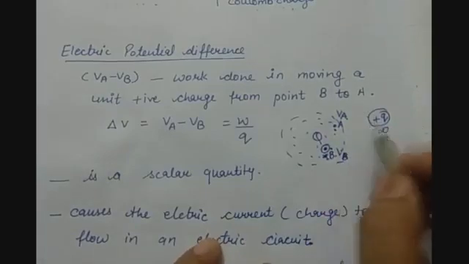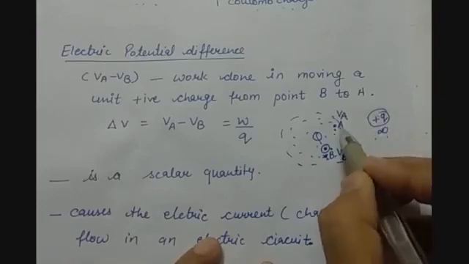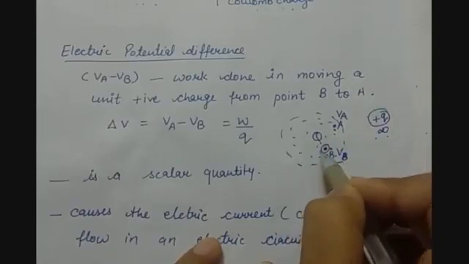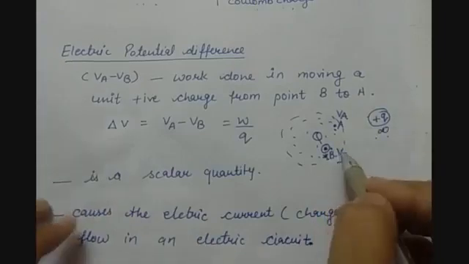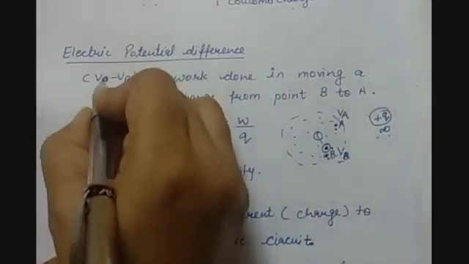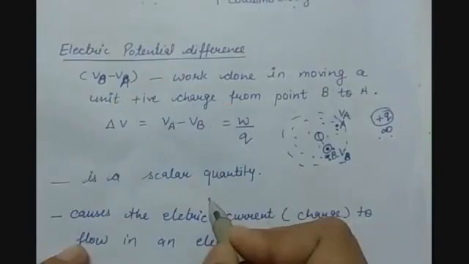So the difference to bring a unit positive charge from A to B, which is closer to the nucleus, or you can say closer to the positive charge, that difference in the potentials will be known as electric potential difference. So here, according to the situation we have taken, VB will be higher and VA will be lower.